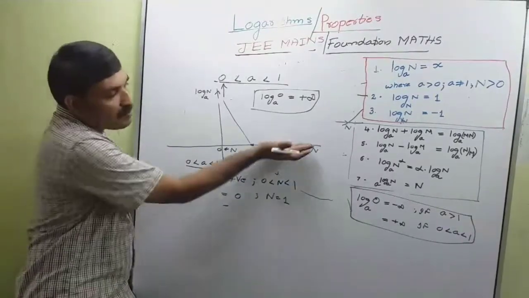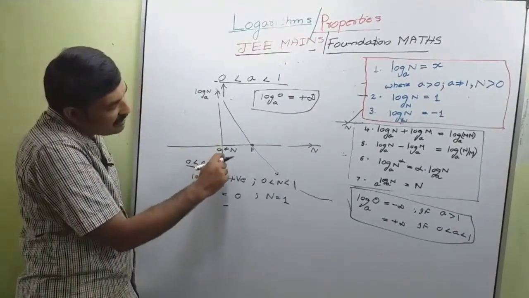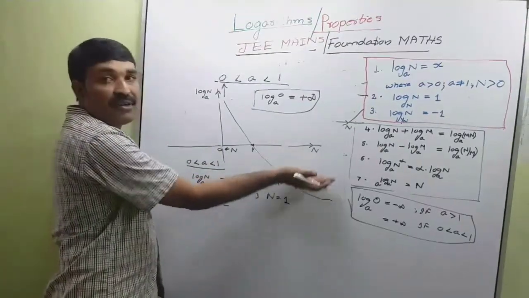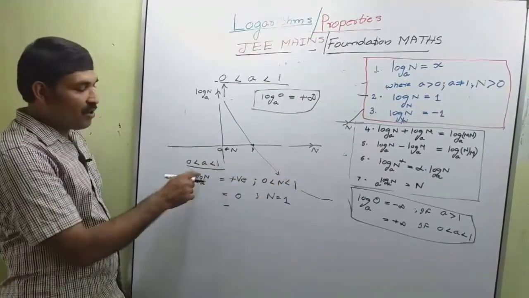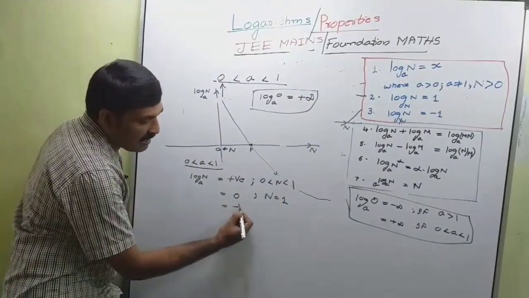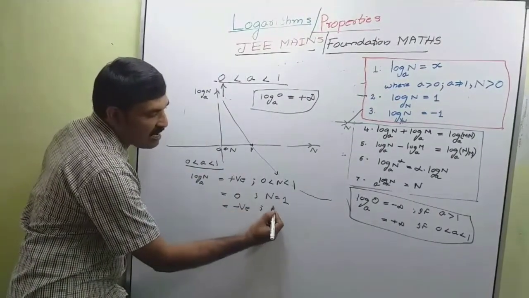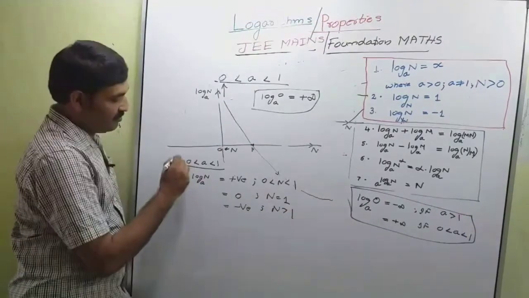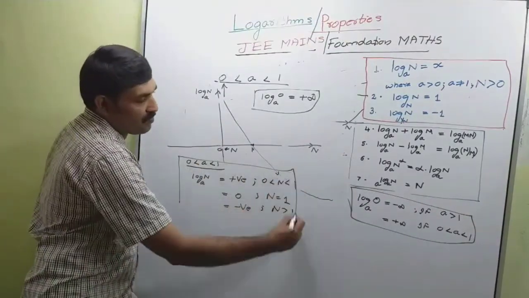That means this portion is along the negative y-axis, so the value of log n to the base a is negative if n is greater than 1. Okay.